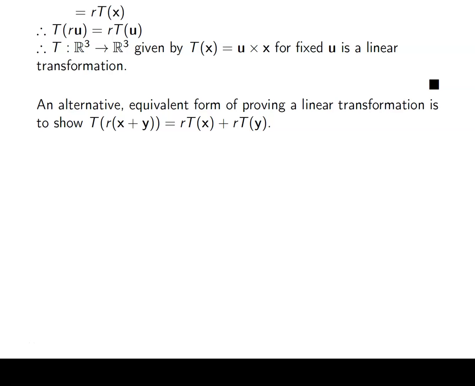So an alternative equivalency to this proof is to show both of these closures at the same time. Okay, so what I have down here is how you show closure of addition and closure of a scalar multiple at the exact same time. So that way you are combining the two together.